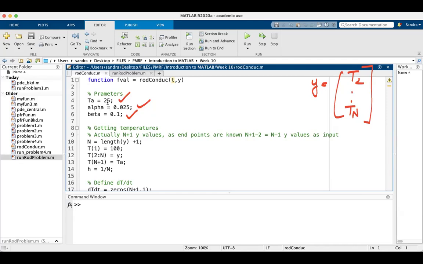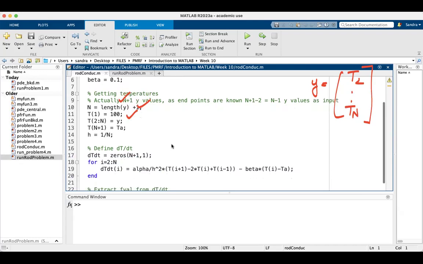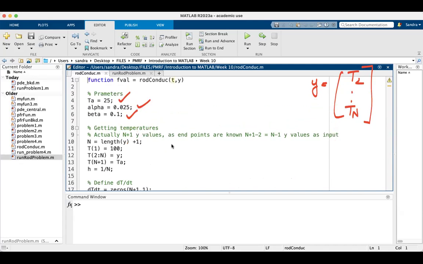Now how many intervals do you have? How many entries? Just a second. Sorry, here this y is your total y. It has T1 to Tn, right?